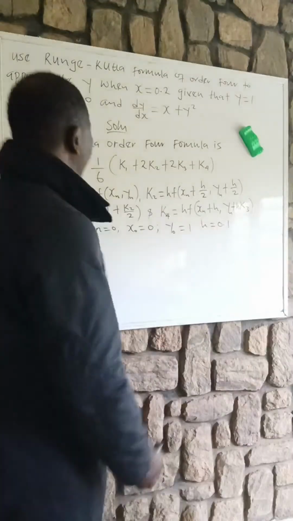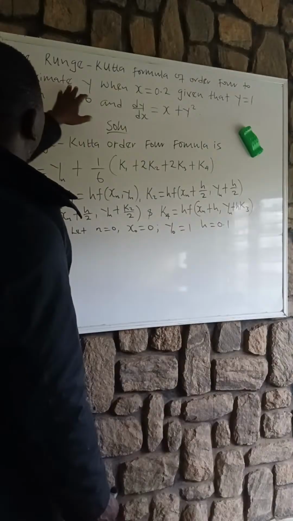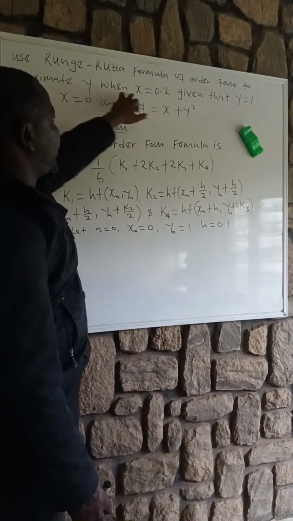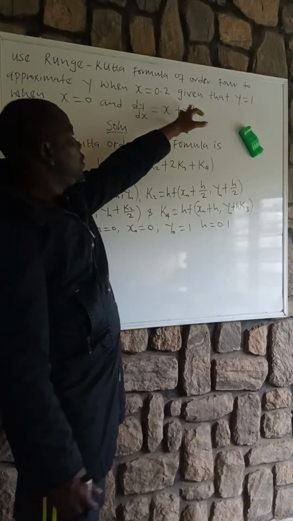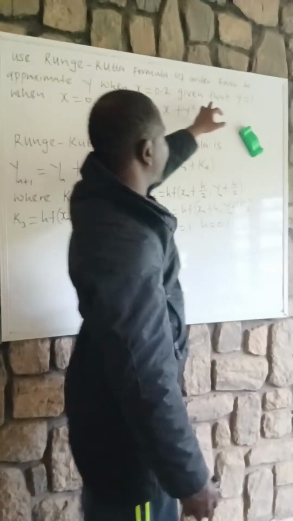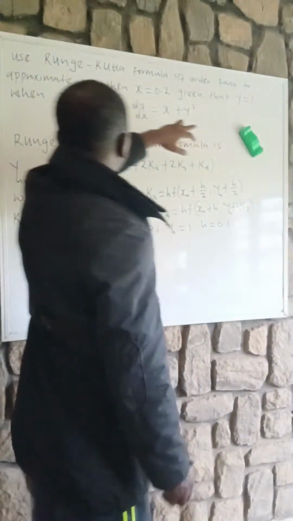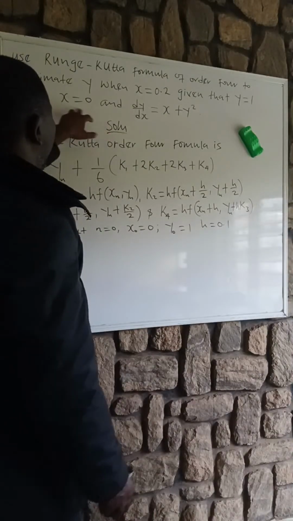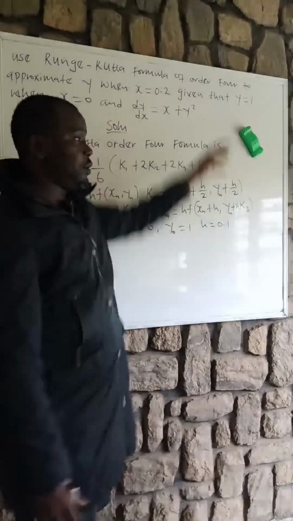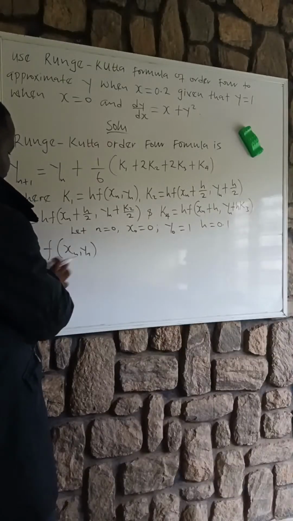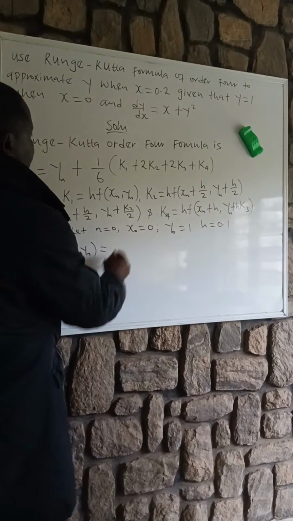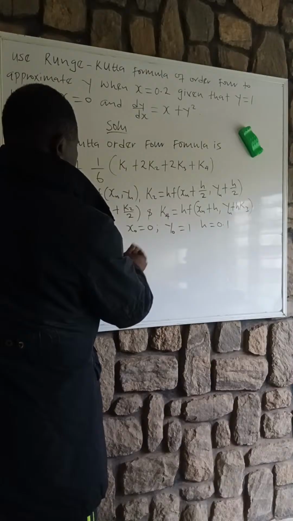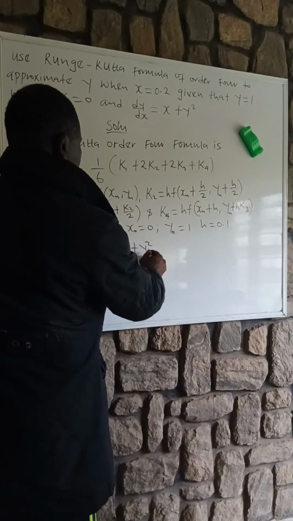Here we have: use the Runge-Kutta formula of order 4 to approximate y when x equals 0.2, given that y equals 1 when x equals 0, and dy over dx is equal to this. So it means f of x subscript n comma y subscript n is equal to x subscript n plus y subscript n squared.